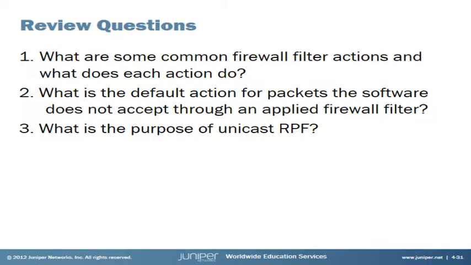What's another action? Discard. What's another action? Reject. What's the difference between discard and reject? The difference is discard drops the packet silently, reject sends a message back saying no, not allowing this traffic through.